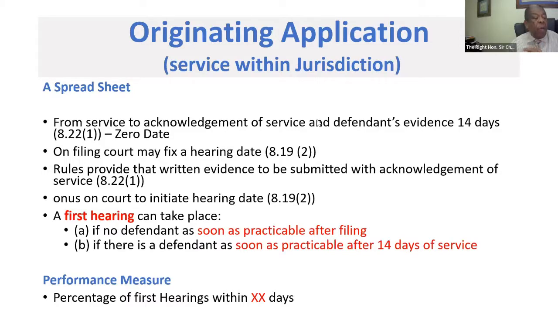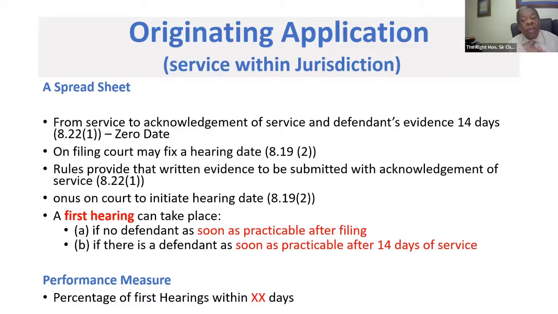So as I'm wrapping up, I make the point that it's important for the court office to set and publish measurable performance standards. These standards will assist the court officers, the judges, and the registrar staff in knowing the standards to which they must comply.